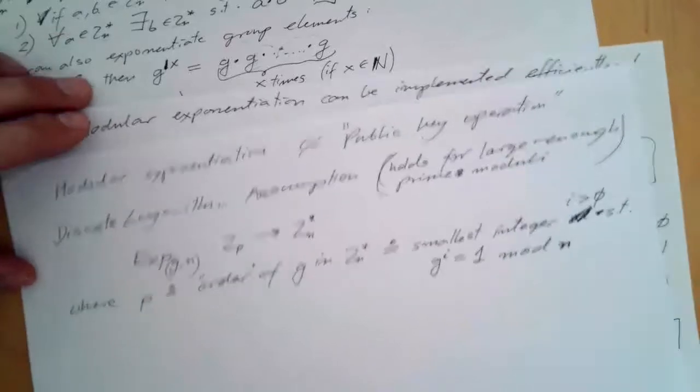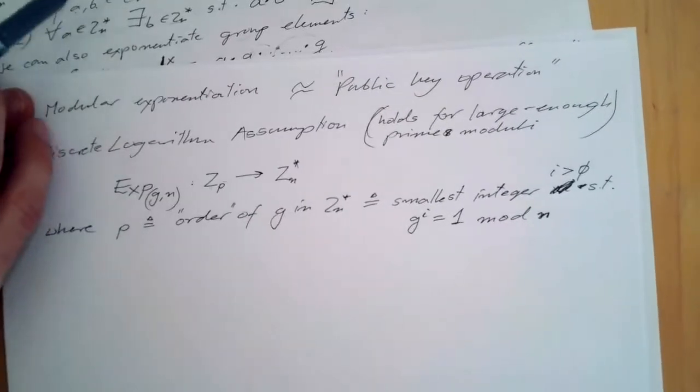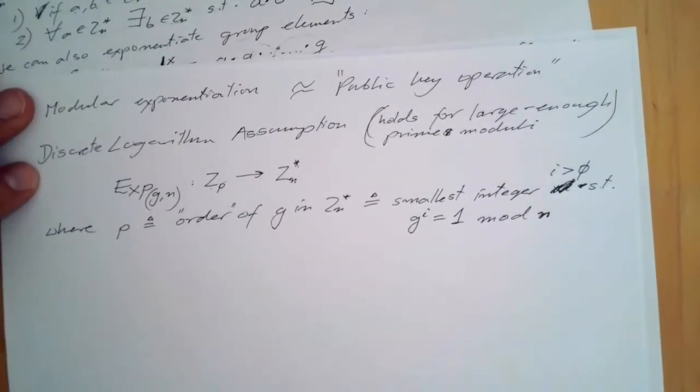I told you that if you look at these modular arithmetic groups, take a modulus and restrict yourself to all the numbers that are coprime with this modulus, you can multiply these numbers, and for each of them there is an inverse.